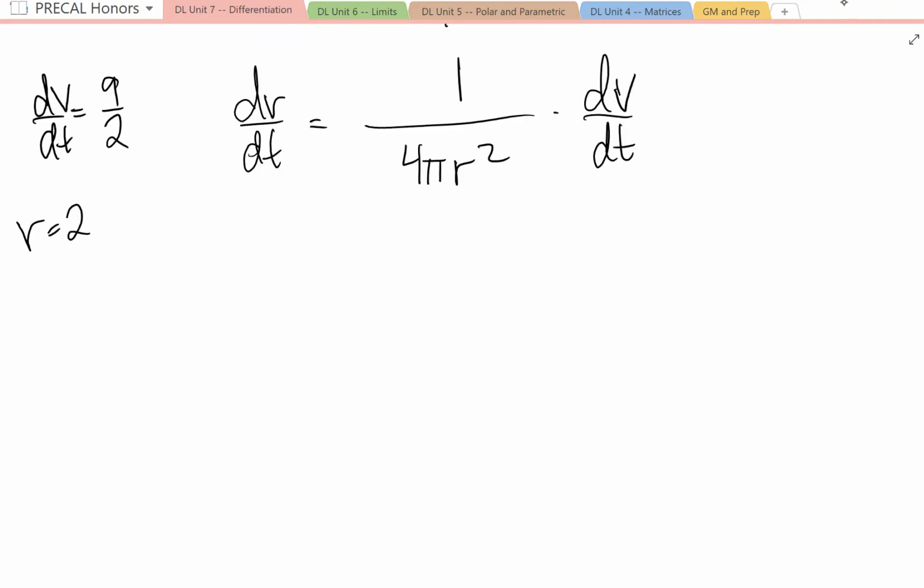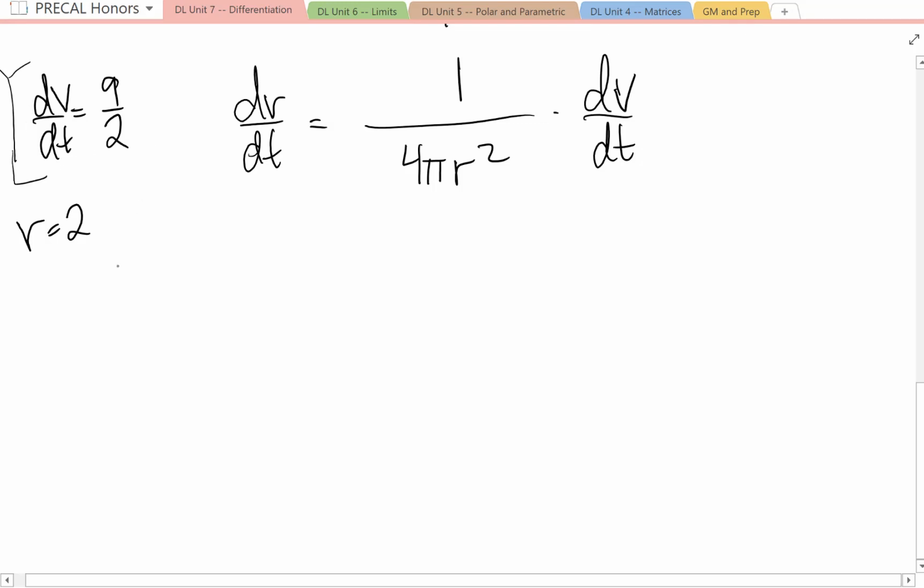They gave us the constant rate of change of the volume, which was 9/2 cubic feet per minute, and they asked us to find what is the rate of change of the radius when the radius is 2.